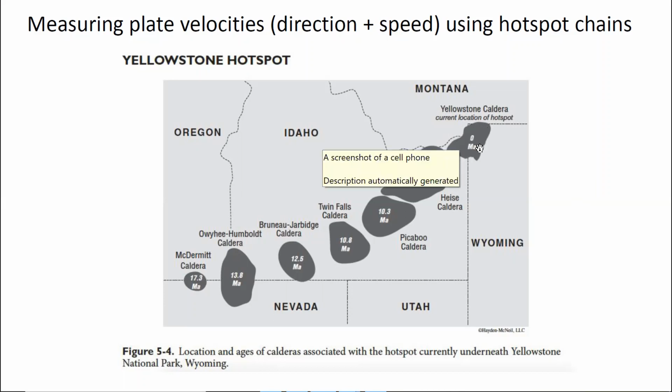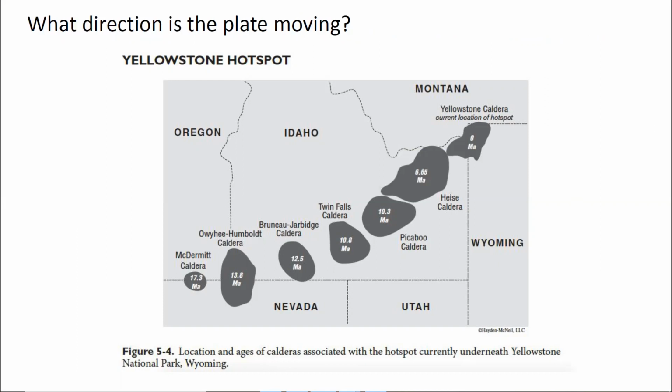So we can use this information to figure out what direction the plate has been moving. To do that, you want to look at the oldest feature in a chain and the youngest feature. In this case, the Yellowstone caldera is the youngest feature. It's currently located over the hotspot.